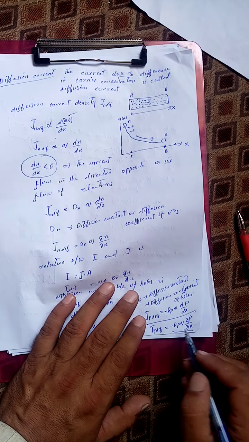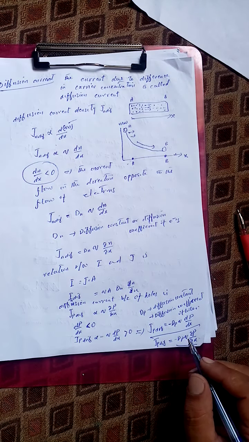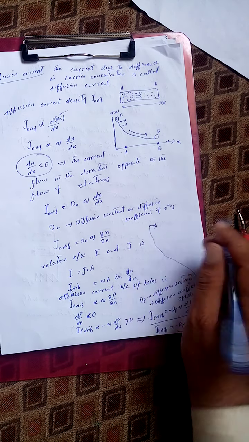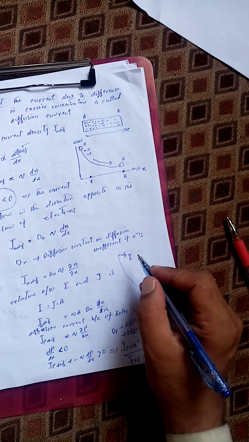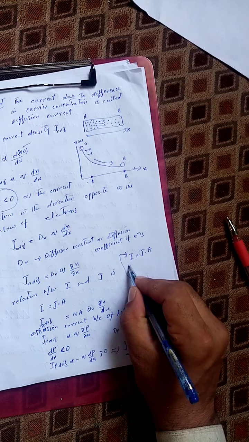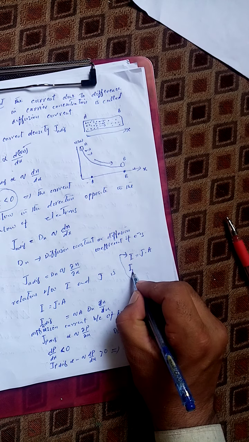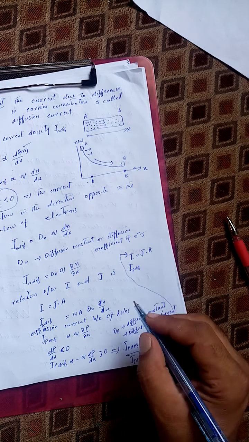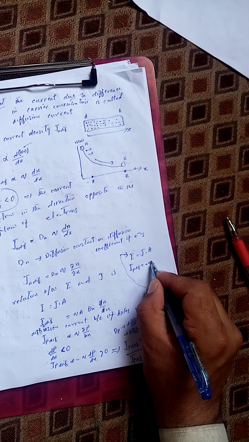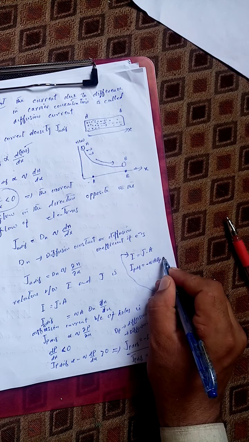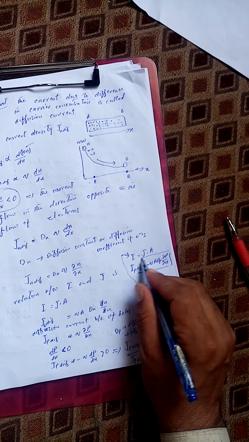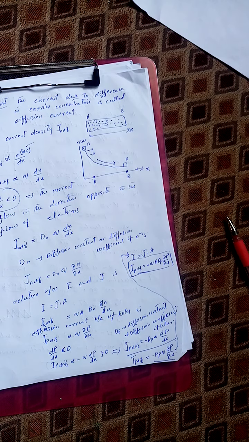From this we can calculate the value of I, because I is related to current density by the relation J times A. So we can calculate Ip diffusion, which is equal to minus q A Dp partial p over partial x. This is the expression for the diffusion current due to holes.